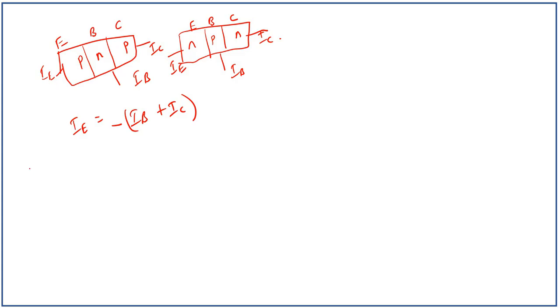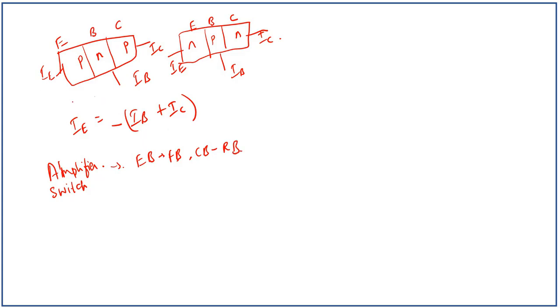So the transistor may work as either an amplifier or a switch. For the transistor to work as an amplifier, the emitter base junction must be forward biased and the collector base junction must be reverse biased.